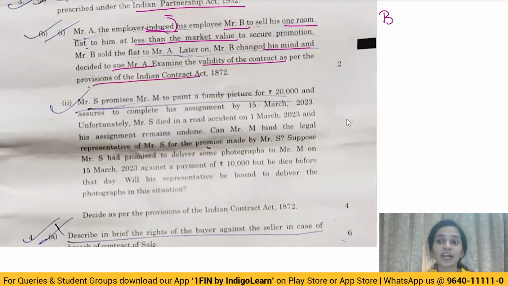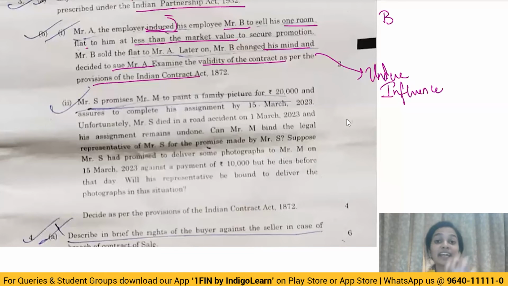Now, I'm sure as soon as you read this question, something would have come to your mind, and that is undue influence. So here, this is a situation wherein the relationship between two parties is such that one can dominate the other party and take unfair advantage of that dominant position. And that's what has happened here.